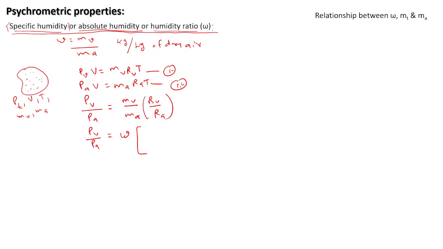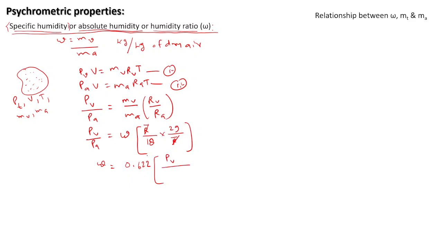And this we can convert: the characteristic gas constants we convert to the universal one divided by molecular weight. Vapor molecular weight would be 18, and similarly R bar for air, whose molecular weight we usually take as 29. So omega will become 0.622. You have to remember this. If you ever forget, quickly you can come here.